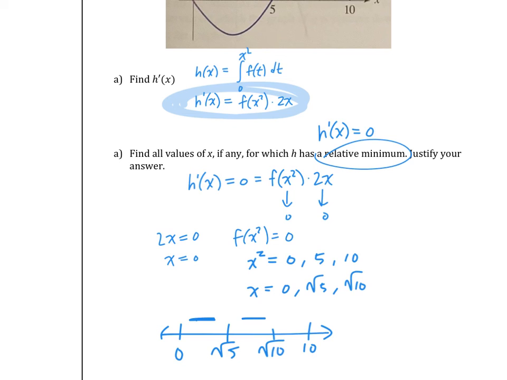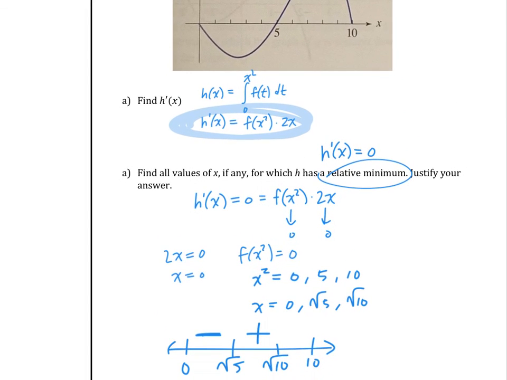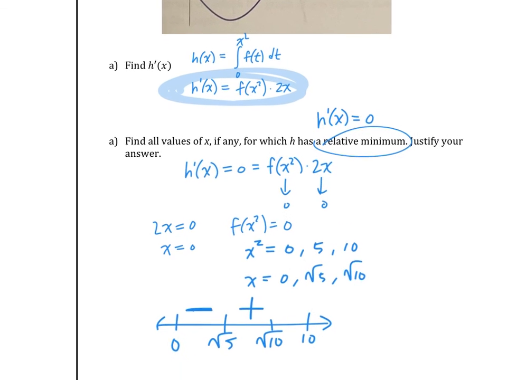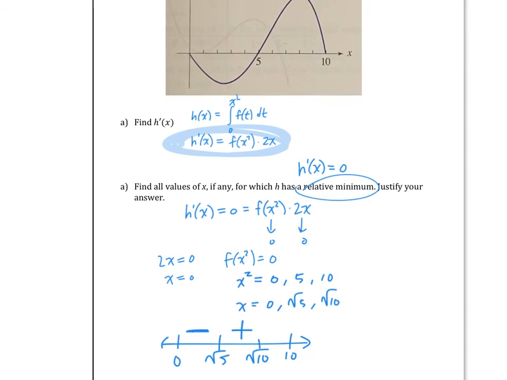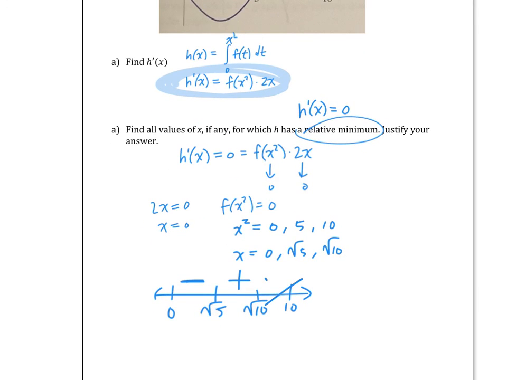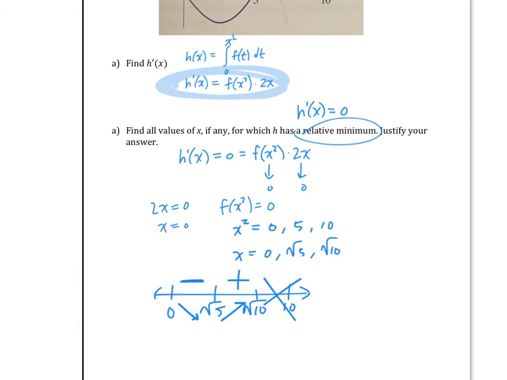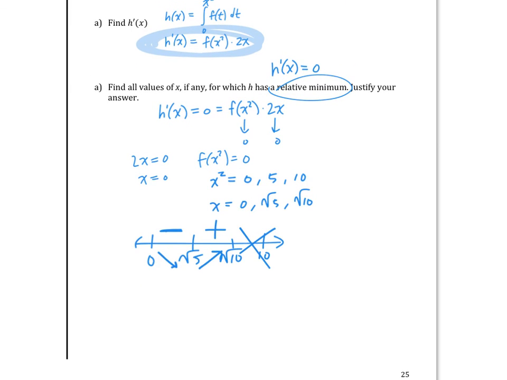And then this part is going to give you a positive because the graph is now above. And then, I think there's nothing after this because there's no more graph. So this is negative and then positive, so that tells you square root 5 is going to be the answer. So x equals square root 5 is relative minimum.